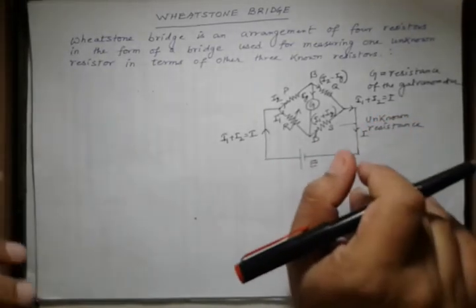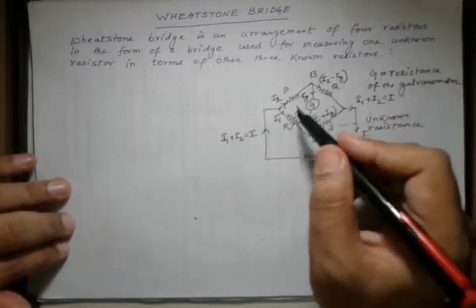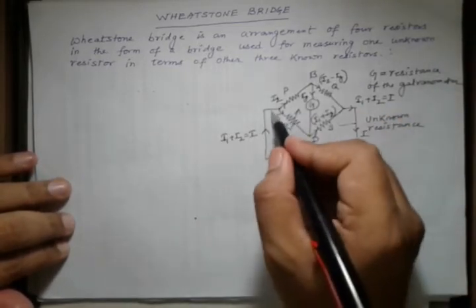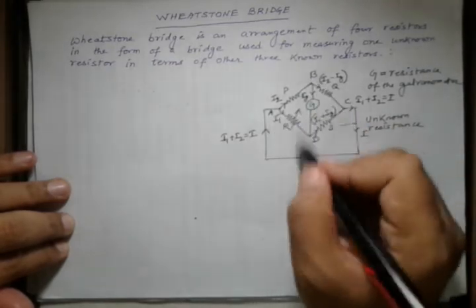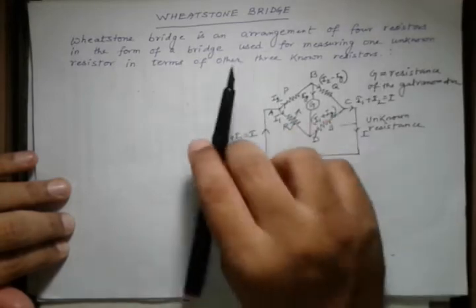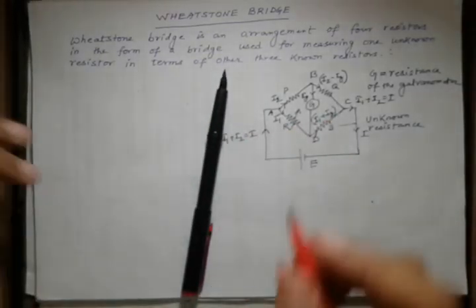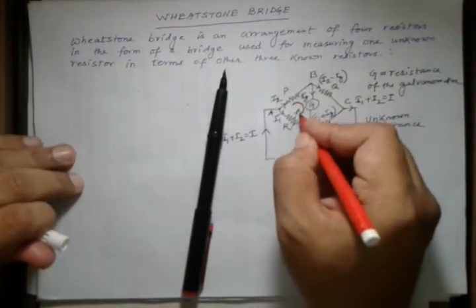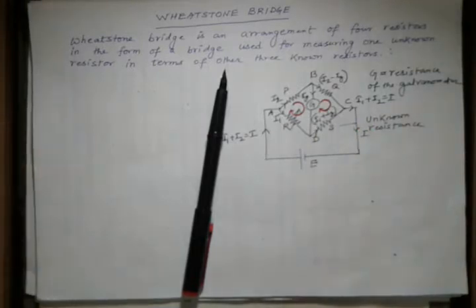So first, you have to use Kirchhoff's voltage law, KVL, in this loop. You give the names A, B, C, D. Now we'll put a loop here. I will use another color to understand this. We'll use a loop here, and also a loop here.